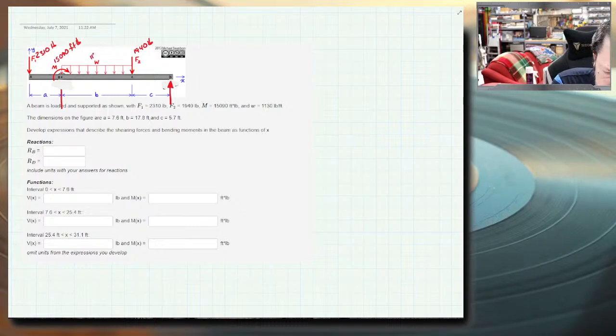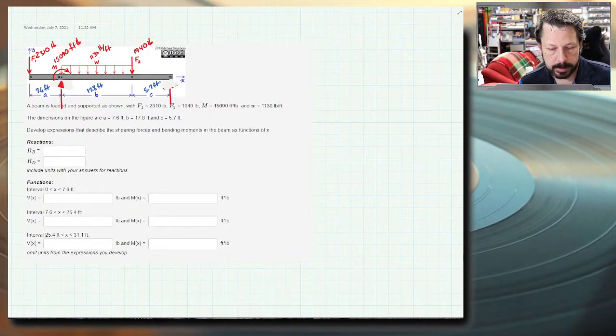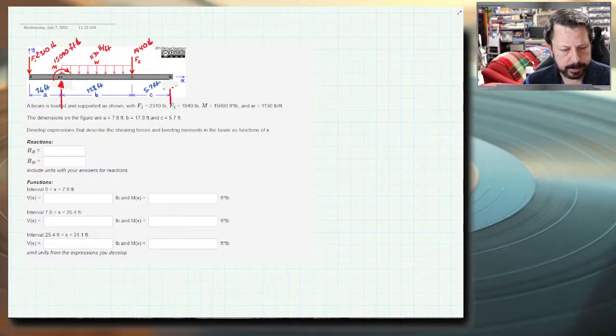W is 1130 pounds per foot. We've got some dimensions. A is 7.6 feet, B 17.8, and C 5.7. Okay. So we've got all of our different units and dimensions and everything that we need.